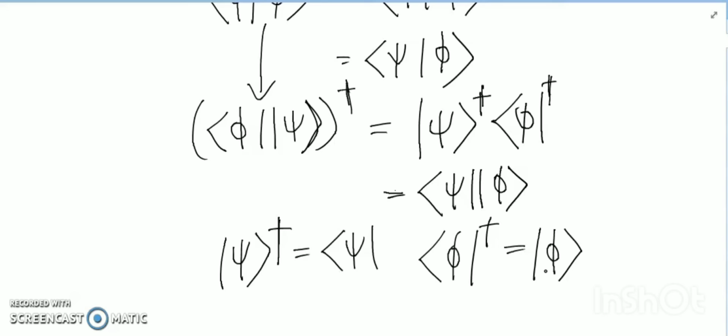How do Hermitian adjoints connect to quantum physics? Well, we can ask ourselves, what is the Hermitian adjoint of an observable?